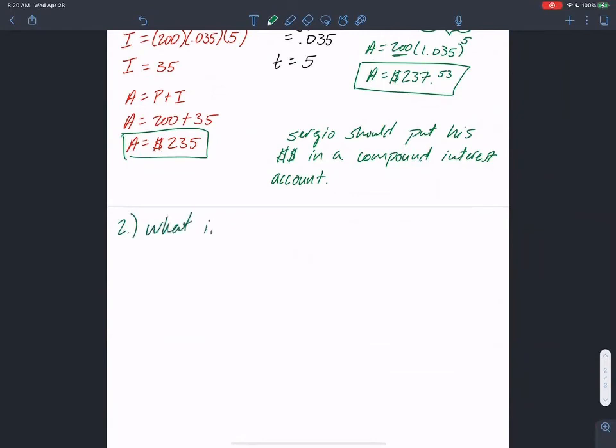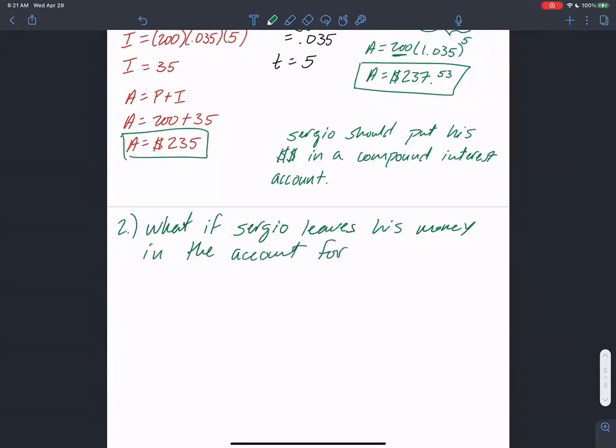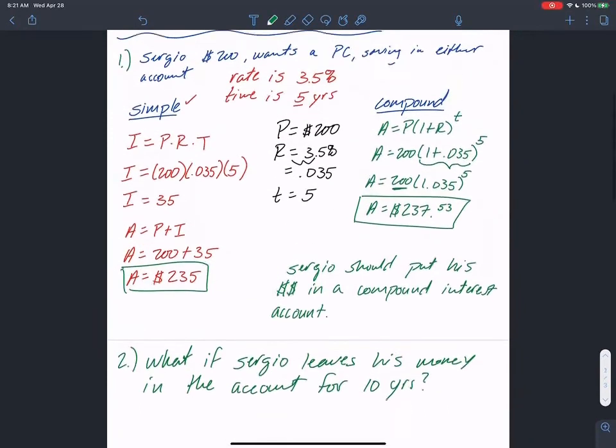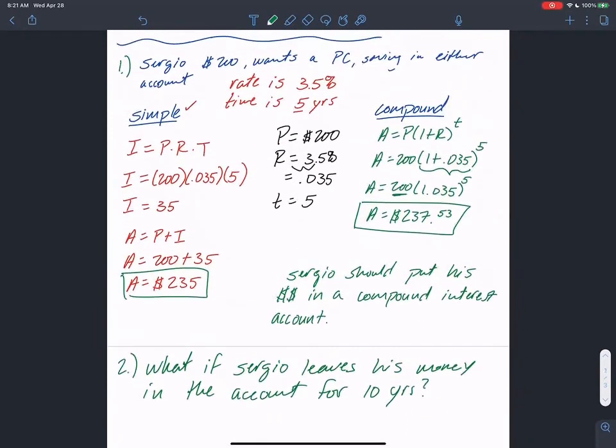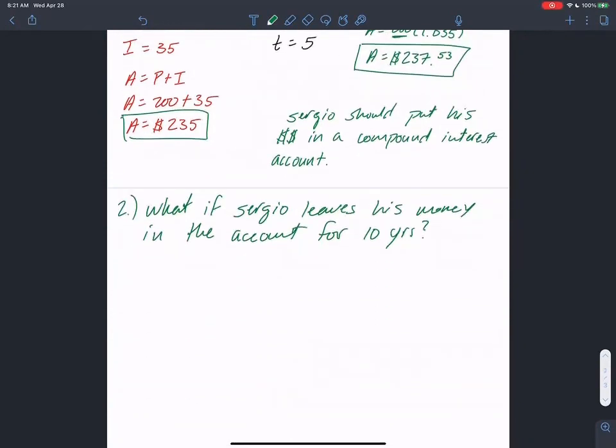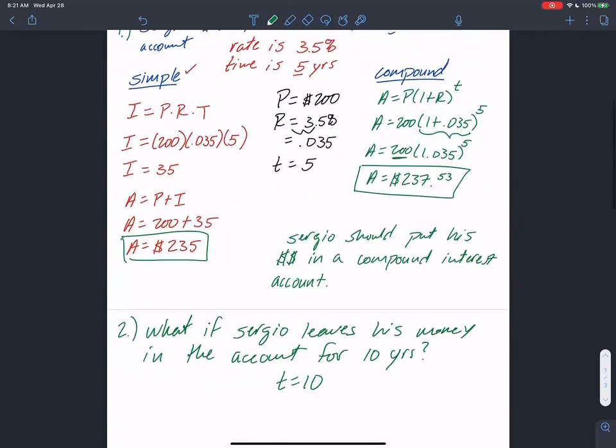What if Sergio leaves his money in the account for 10 years? So now what you're going to have to do is replace t with 10. Okay? So t equals 10.